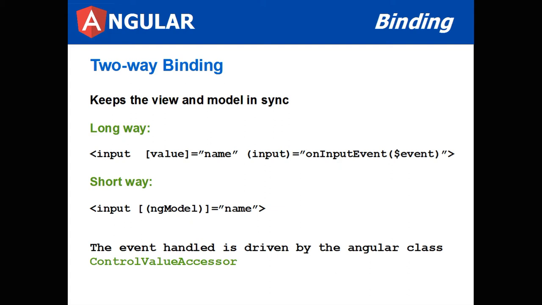Two-way binding keeps the view and model in sync. The long way would be input value with the square bracket equals name, and on an input event, invoke the onInput event with the $event.